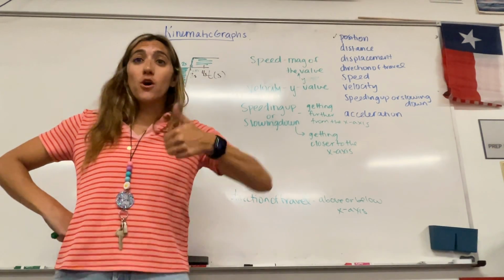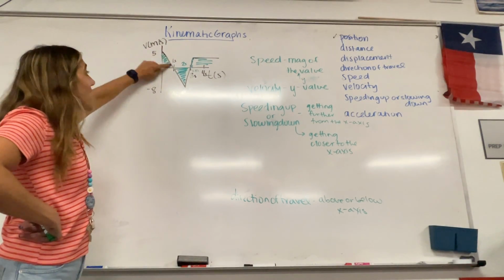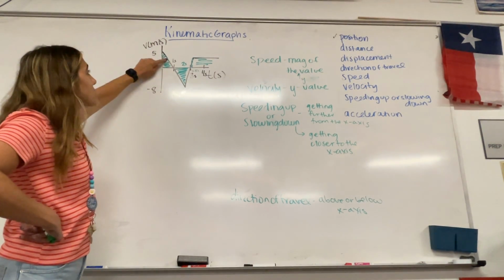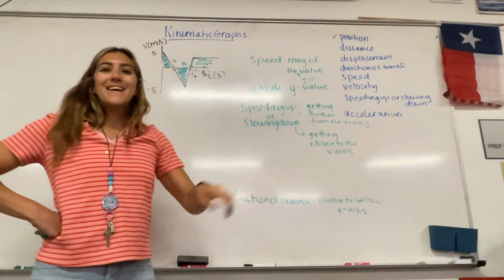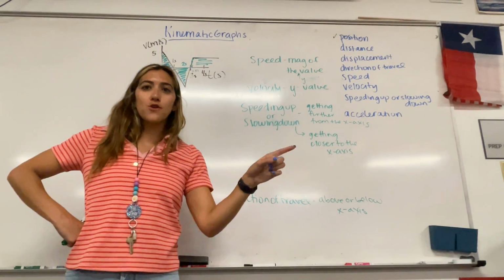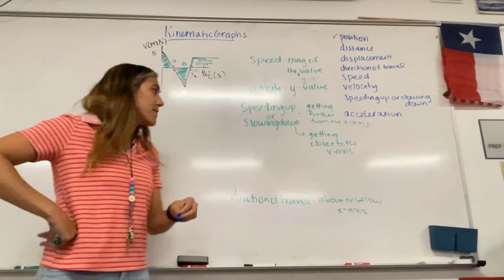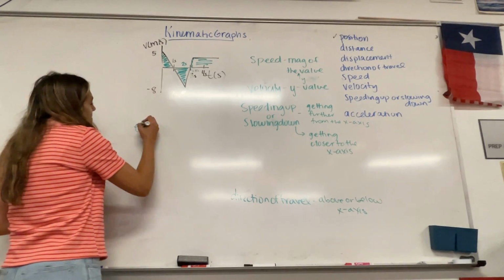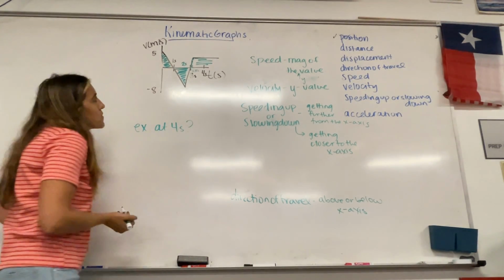It is not, am I going up or am I going down? That's not what it is. Because here, I'm going down the whole time, but I'm slowing down, slowing down, slowing down. Now I'm speeding up, speeding up, speeding up. It is, am I getting closer to or further away from the x-axis? Okay? So for example, at 4 seconds, am I speeding up or slowing down?